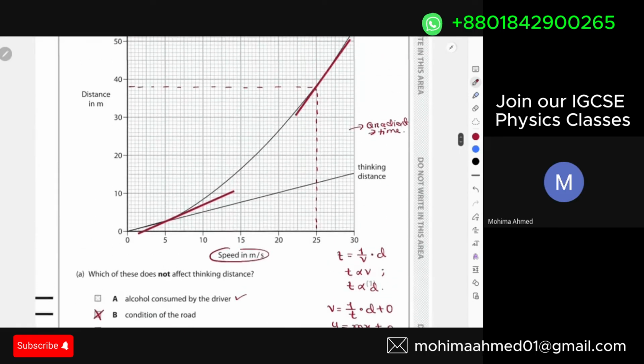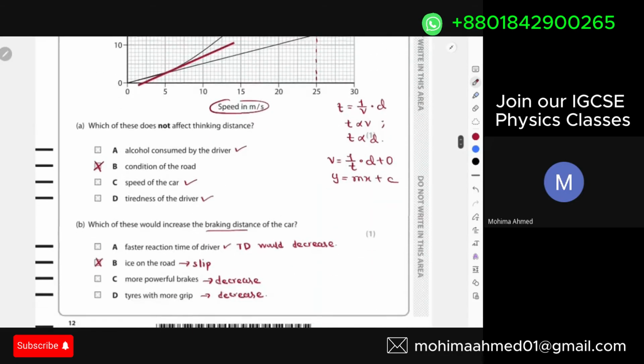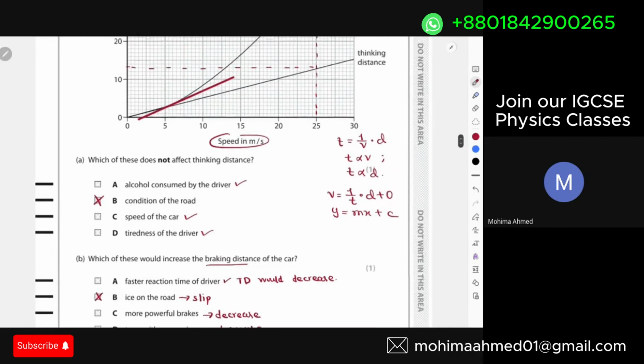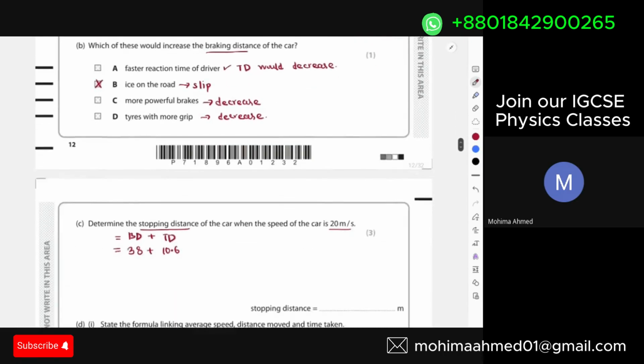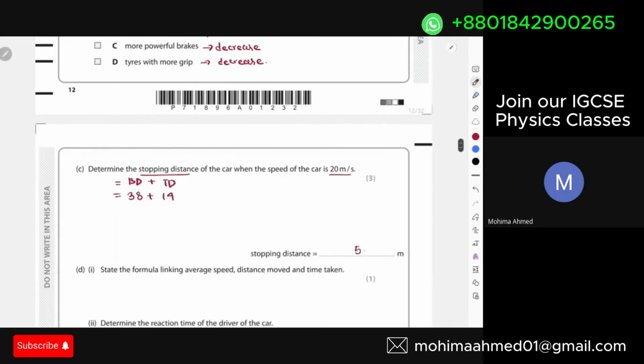Braking distance is this one, which you got as 38, and thinking distance is 14. So this is going to be 38 plus 14, and that is 52 meters. So you get 52 meters for your final answer.